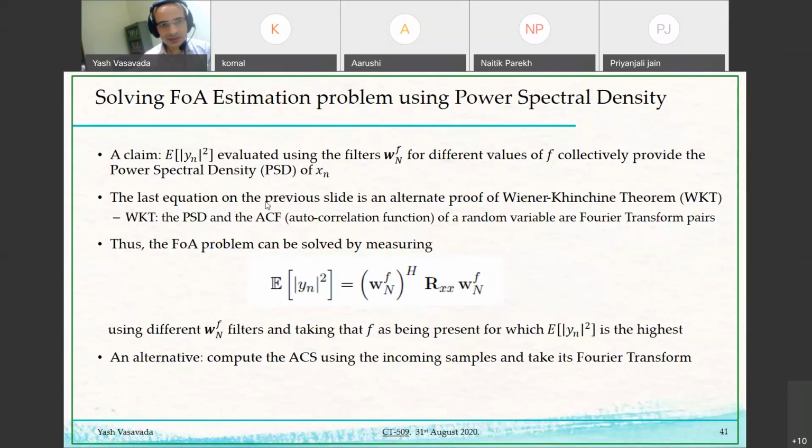One is to solve the FOA problem by using this filter. And the other alternative is to just directly compute the autocorrelation sequence and then take its Fourier transform. Which one do you think looks better, more attractive? Maybe let us say computationally more attractive.